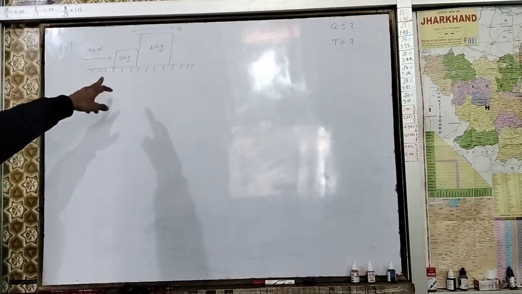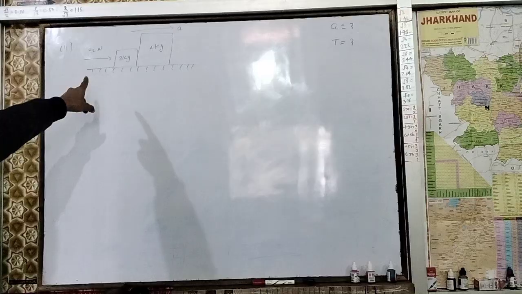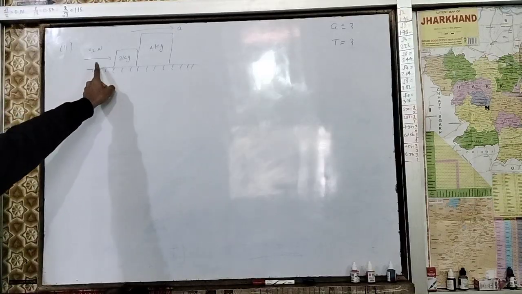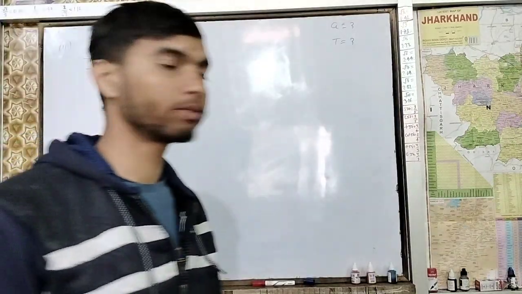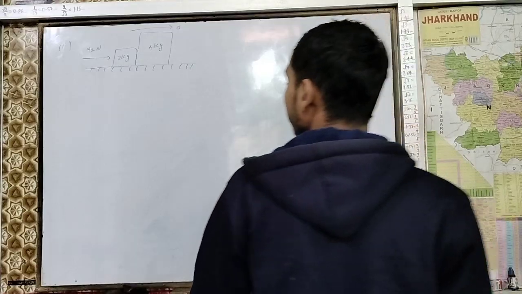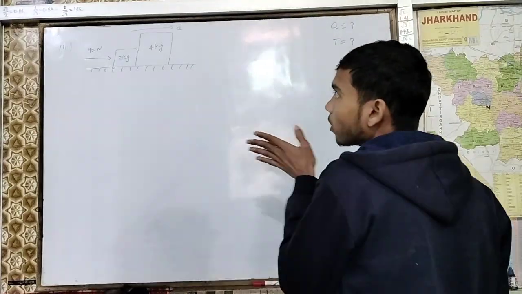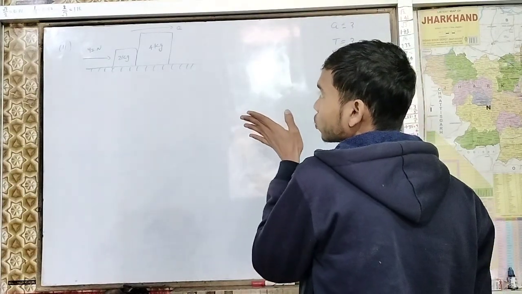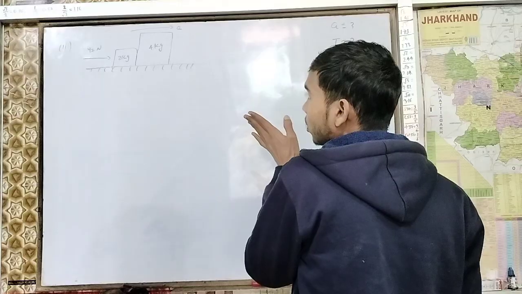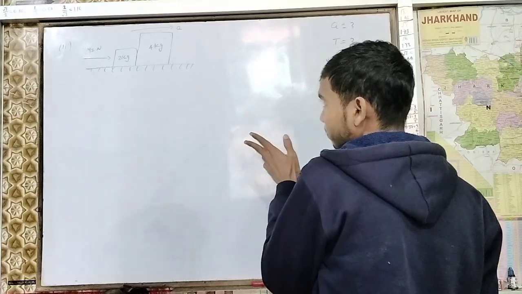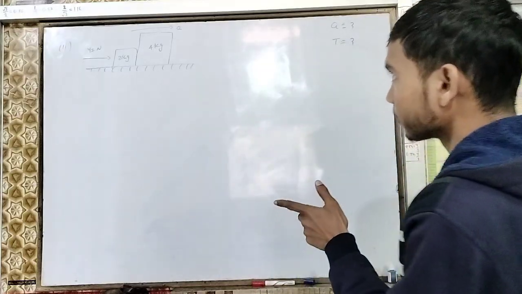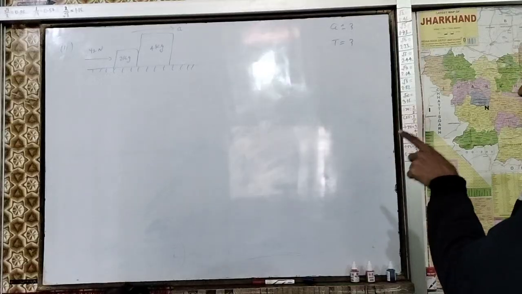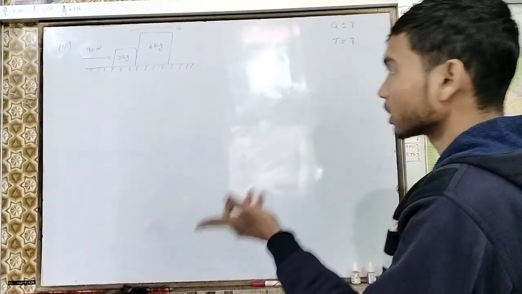For the first body we have F equal to 42 Newton. So F2, and the normal force will be how much? 4 multiplied by A, M into A. A is not given. That is what the question is asking.